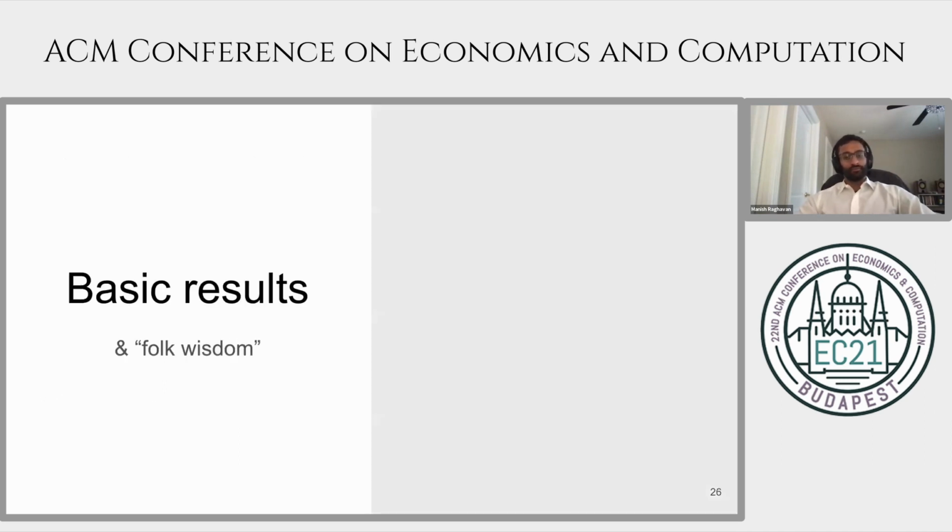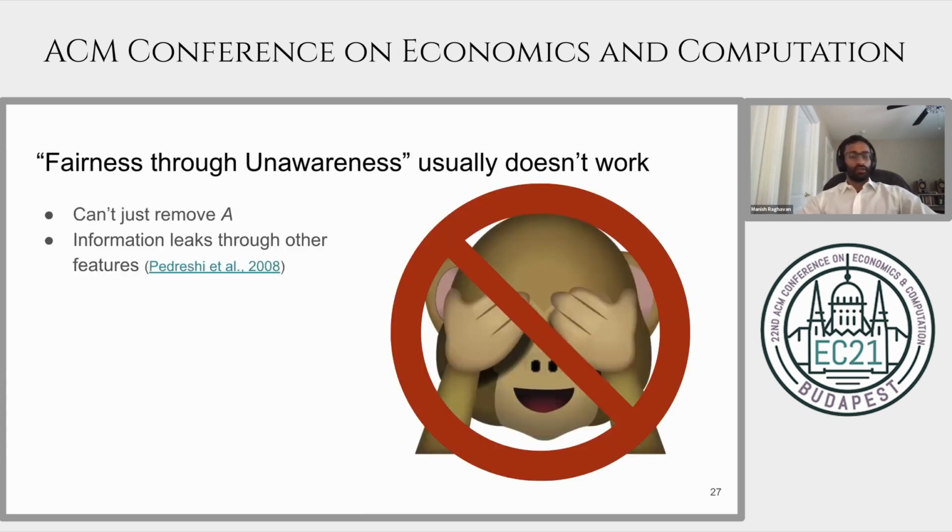So now that we have some familiarity with these definitions and how they might apply, let's go over some of the basic results, or as maybe you'll call it, folk wisdom, that people have accrued in the field over the last several years. The first basic finding to point out is what I'll call fairness through unawareness usually doesn't work.